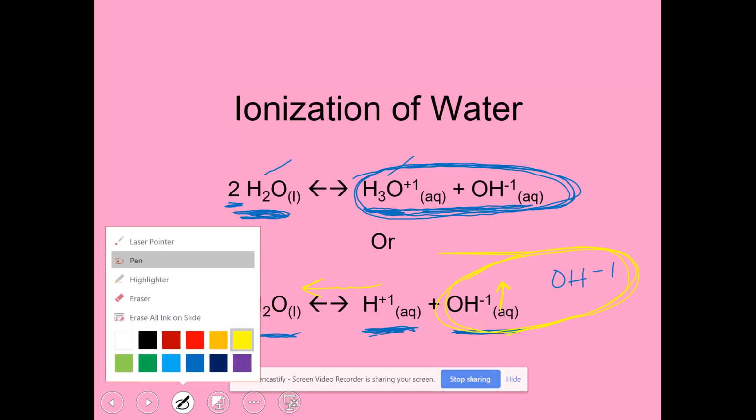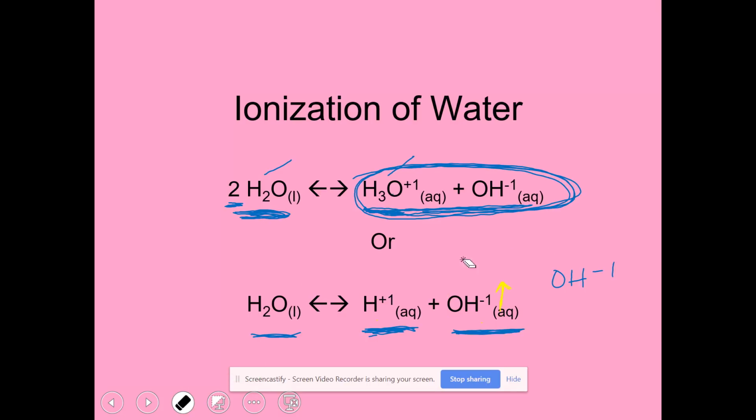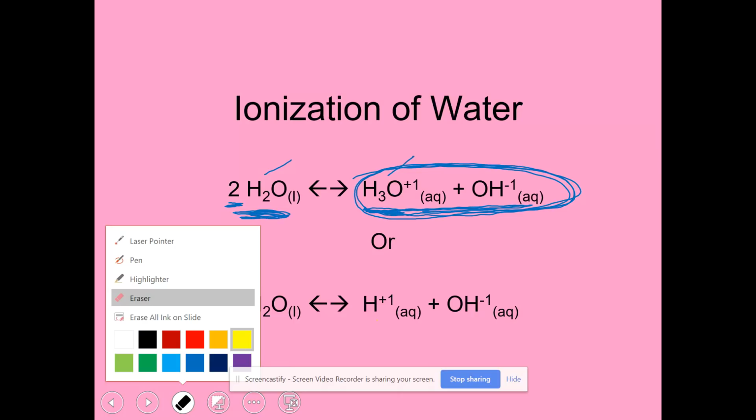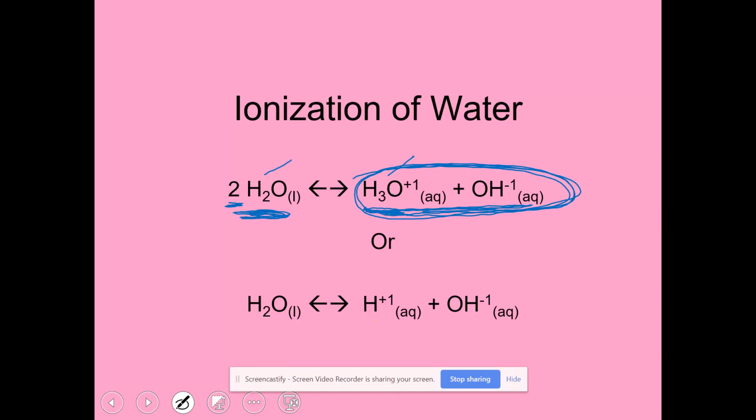And then the reverse can happen. You can add something to your solution that will increase the amount of the hydrogen. For example, I could dissolve molecular HCl. Molecular HCl is just H-Cl. It's a gas, actually.